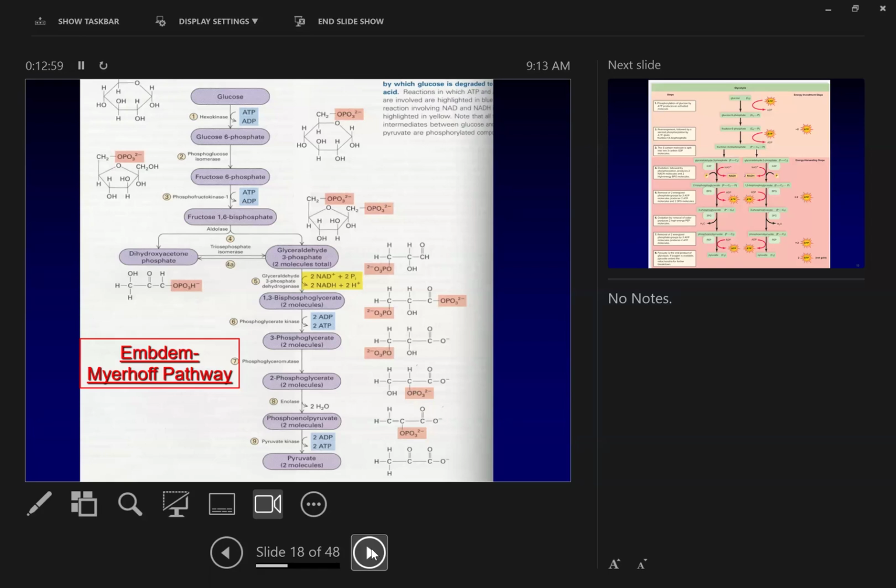You need to know hexokinase and you need to know phosphofructokinase. You have to know PFK because this is the slowest step in glycolysis. Okay, that's the slowest step. Because it's the slowest step, that is the rate limiting step in glycolysis.